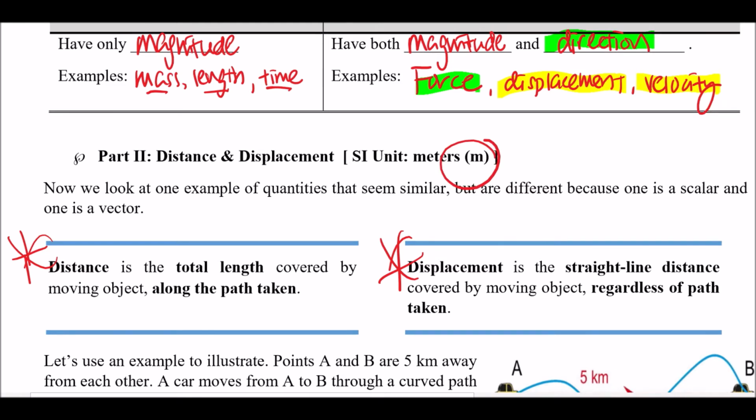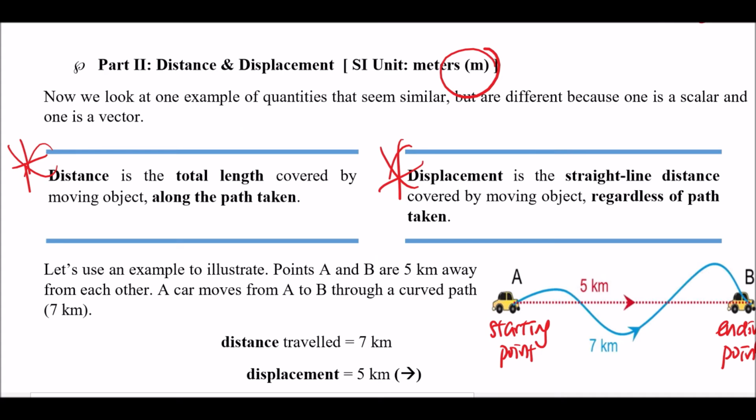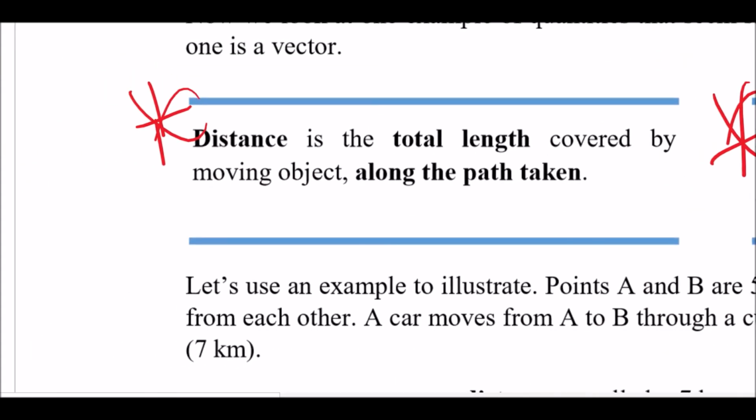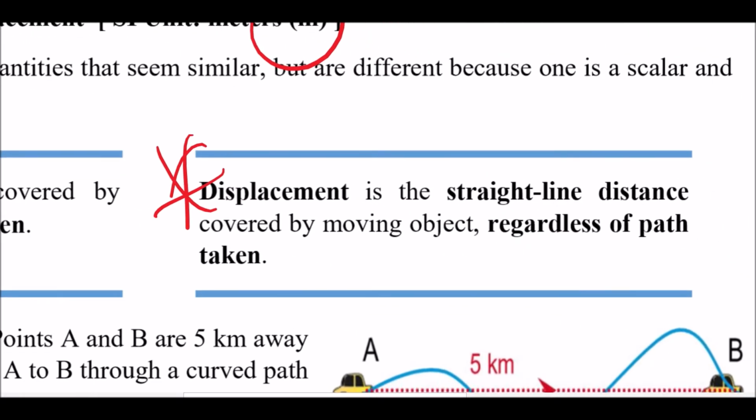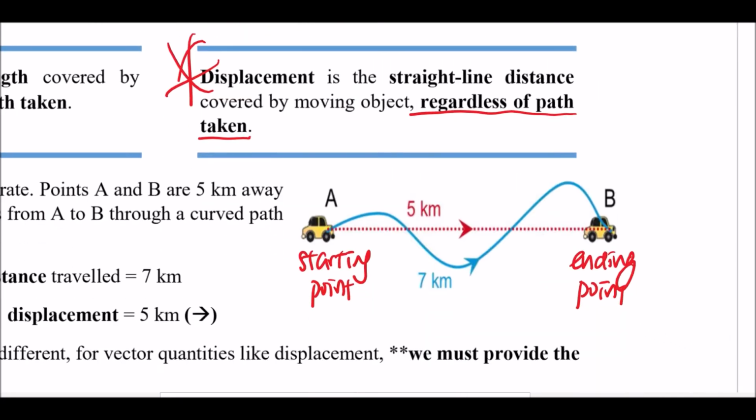Let's look at the definition to begin with. Distance is the total length covered by a moving object along the path taken, while displacement is the straight line distance covered by a moving object regardless of path taken. Now what does it mean? This diagram sums up everything.